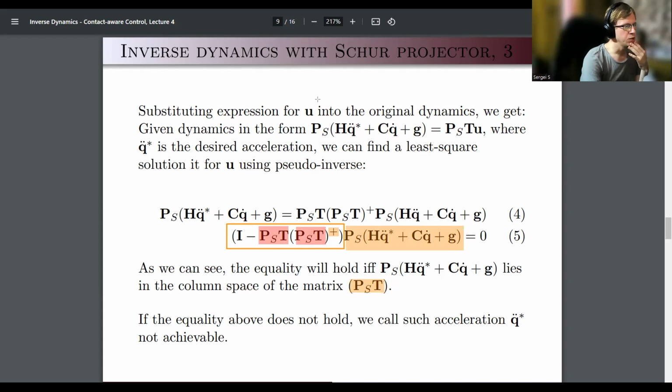So what we are trying to say actually is that this matrix, so manipulate equations times the Schur projector, should lie in the column space of PST. Why do I say it should lie in the column space?